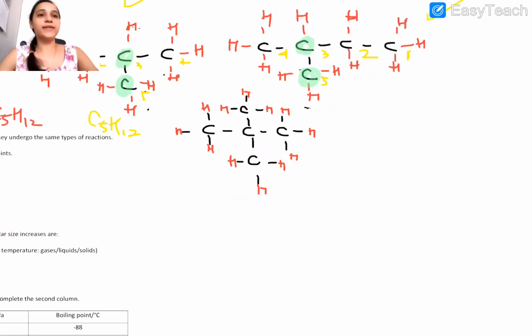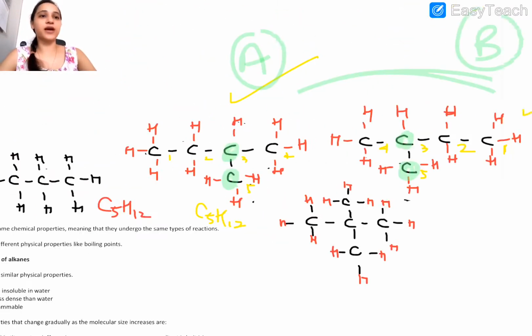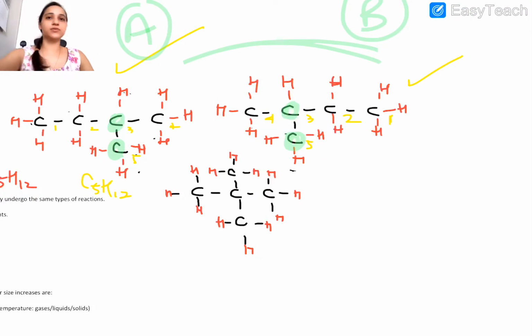Okay, and then you have the 3rd isomer. So I have the 3rd isomer here. So carbon 1, 2, 3, or I can count like that, 1, 2, 3, and then 4 and 5 on top. So still 5 carbons, C5H12.